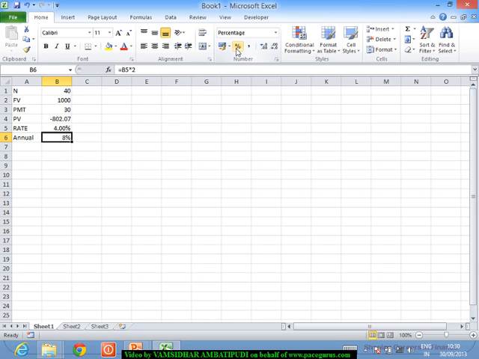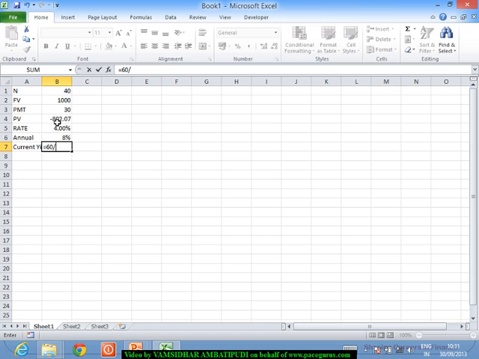Now, how do I compute the current yield for it? Current yield is nothing but the annual coupon. 30 is the semi-annual coupon, so the annual coupon is 60, divided by the current market price.